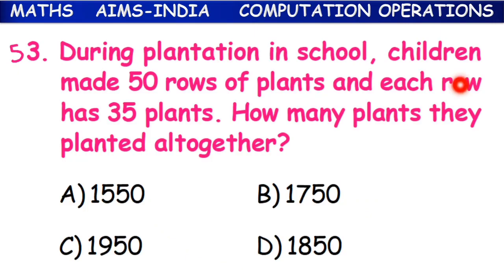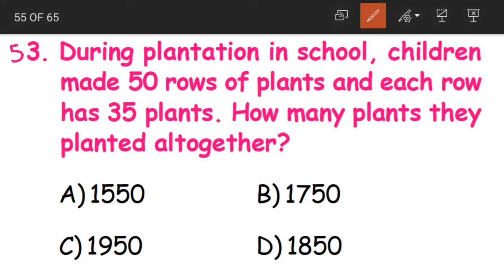Next question 53. During plantation in school, children made 50 rows of plants and each row has 35 plants. How many plants did they plant together? What to do here? We need to multiply. In each row there are 35 plants and there are 50 rows.